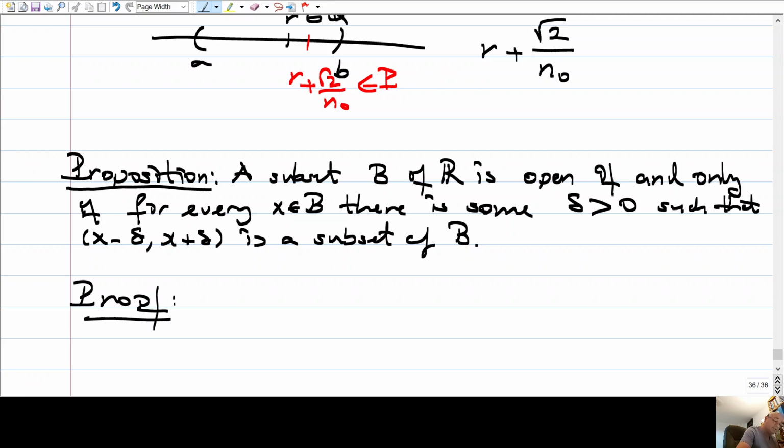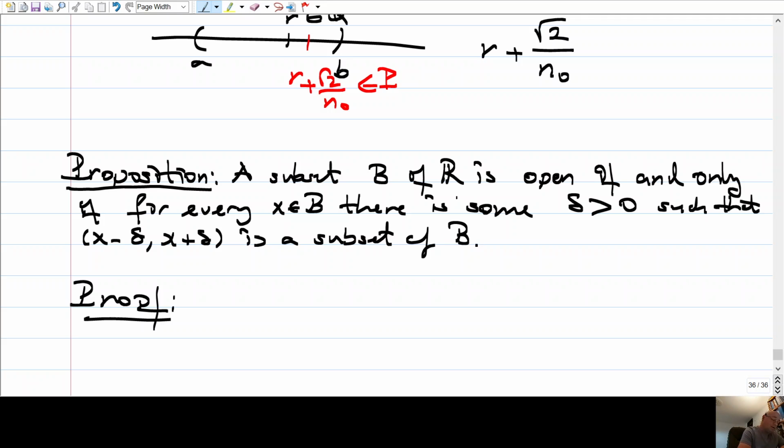This is a characterization for open sets. We defined open sets as the complements of closed sets, but this tells us something else. A set will be open if and only if every element of that set contains an interval which is contained inside B. Okay, so let's prove this.